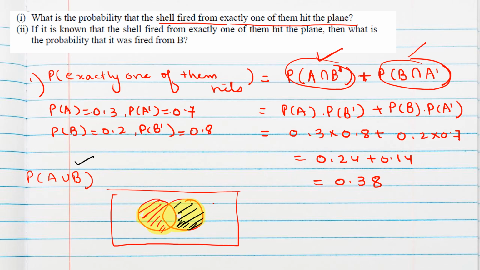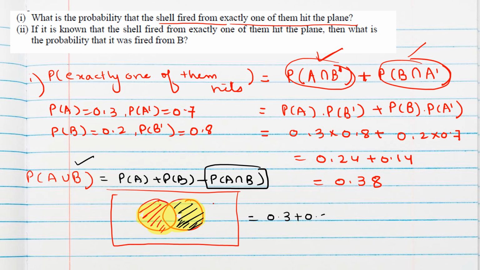If you want to find this also, then what you have to do? P of A union B you can find by this formula we know. Since they are independent, you can find 0.3 plus 0.2 minus P of A into P of B, that will be 0.06. So 0.5 minus 0.06 will give 0.44, which is this whole yellow area, but we want only this red and black area.